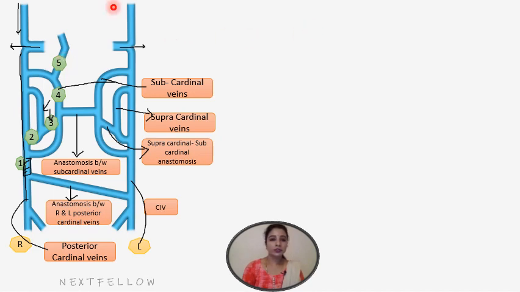The fifth source is the anastomotic channel between the right subcardinal vein and the right hepatocardiac channel. The sixth source is the right hepatocardiac channel. So all together these six sources, 1, 2, 3, 4, 5, 6, all these parts will join to form the inferior vena cava.